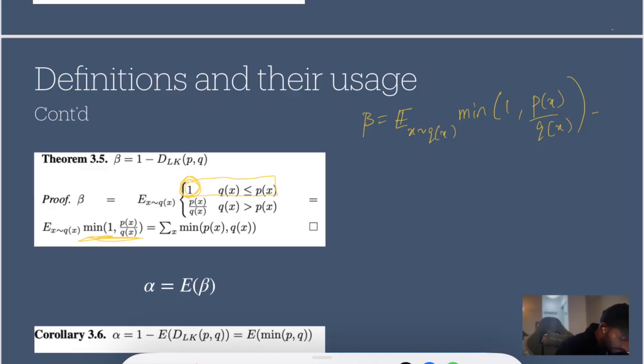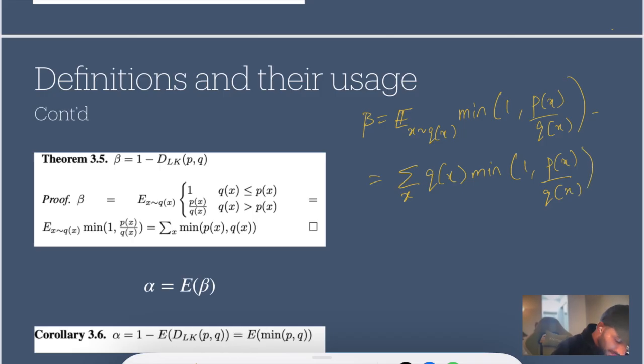And you're also going to get the ratio itself when P of X over Q of X is less than 1, which basically means that P of X is less than Q of X. So this min captures this if condition here, and therefore beta can be written like this, and this can be further written as follows.